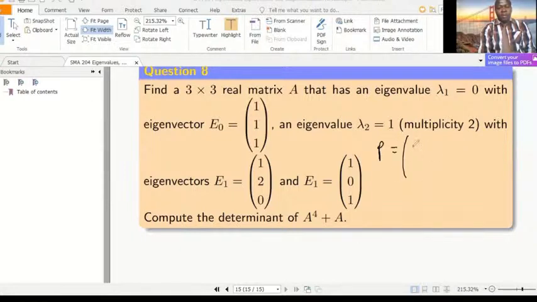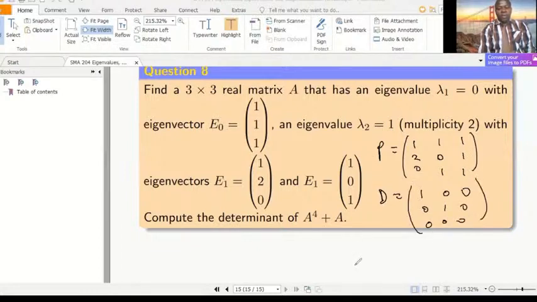Rearrange and begin with 1, 2, 0, 1, 0, 1, and then 1, 1, 1, because I know that this will be 0. And so that D, now, this eigenvector has the eigenvalue 1, this eigenvector has the eigenvalue 1, and this eigenvector has eigenvalue 0. So this is D.